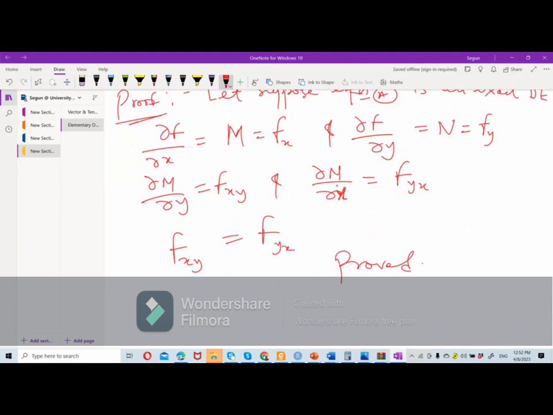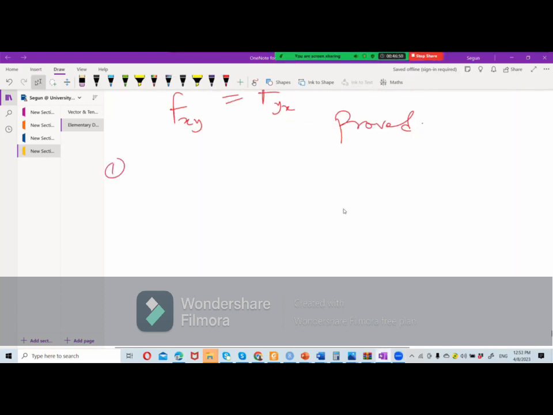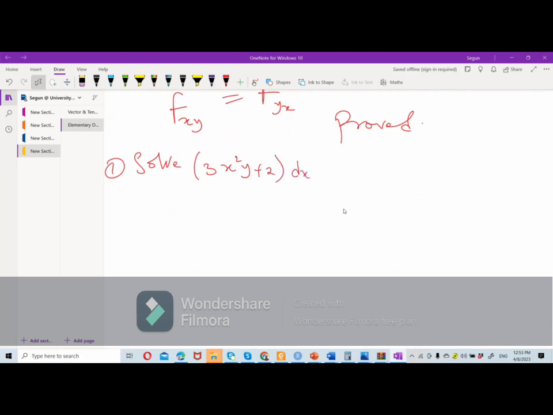By the time you see the examples, you know better what we mean by the partial of M with respect to y and the partial of N with respect to x. Let's look at example 1. Solve (3x²y + 2)dx + (x³ + y)dy = 0.